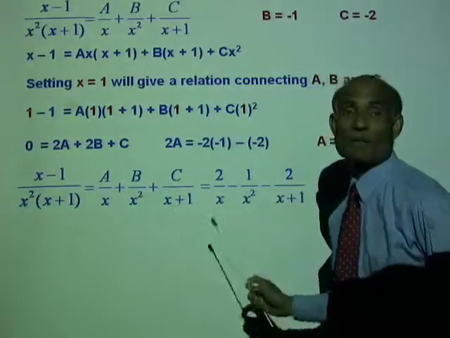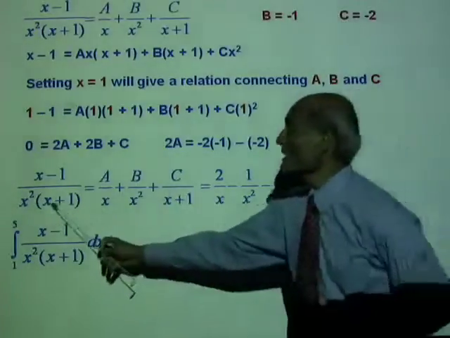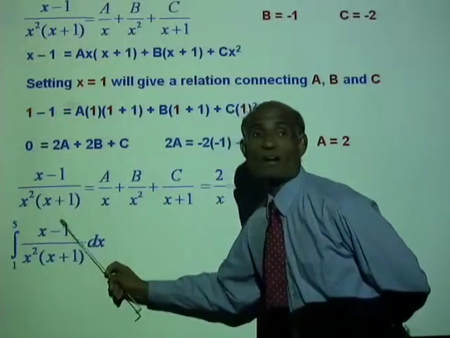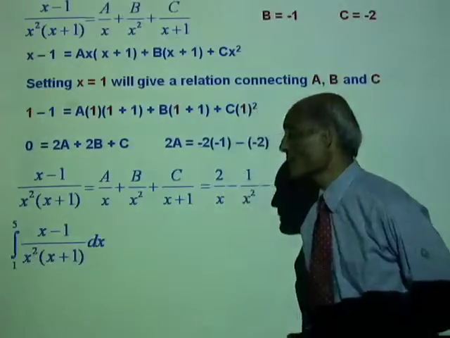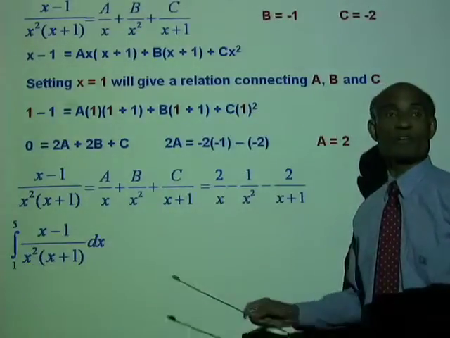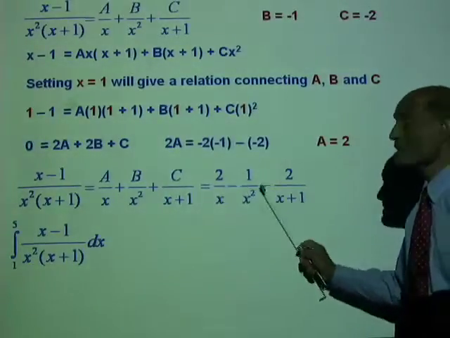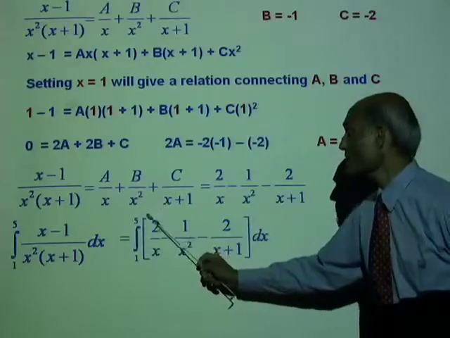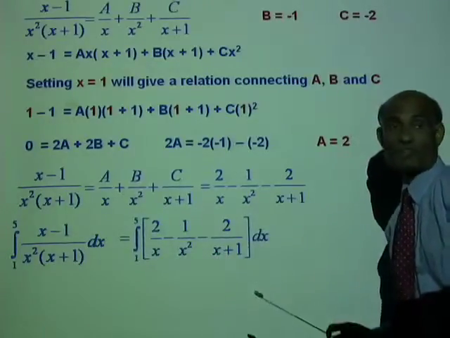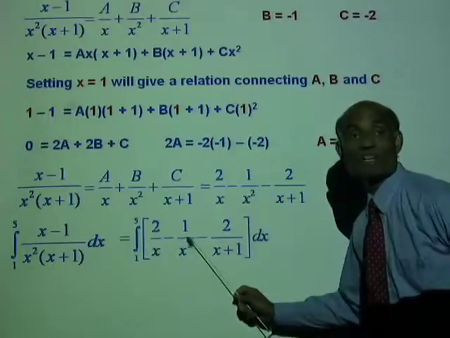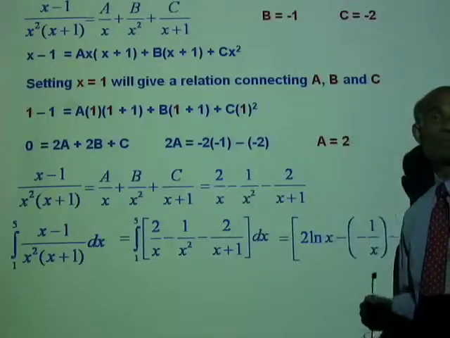Alright, so the integral from 1 to 5 of x minus 1 divided by x squared times x plus 1 dx is now the integral from 1 to 5 of the right hand side. We can now integrate each of these without any trouble.